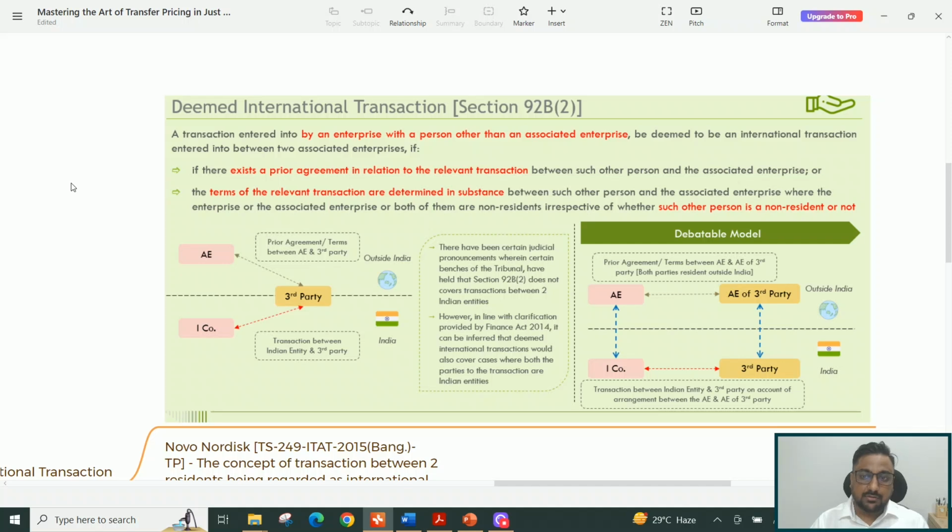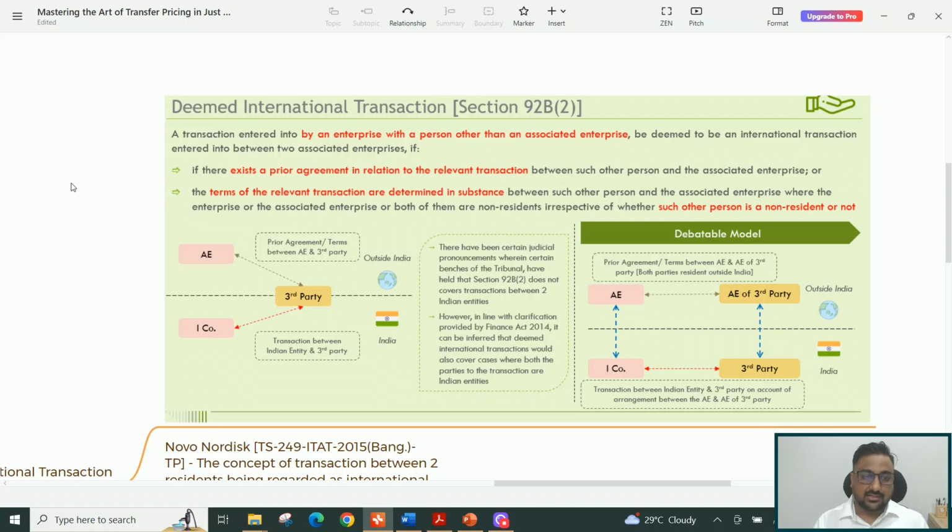Then also that will be deemed to be an international transaction between two associated enterprises if there exists a prior agreement in relation to the relevant transaction between such other person and the associated enterprise, or the terms of the relevant transaction are determined in substance between such other person and the associated enterprise, where the enterprise or associated enterprise or both of them are non-resident, irrespective of whether such other person is a non-resident or not.